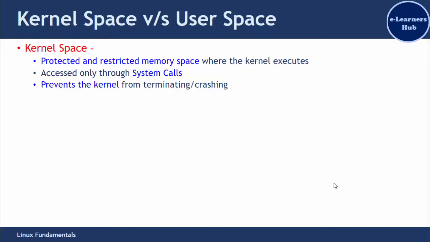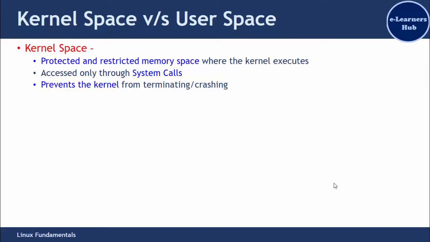So the applications make the system call, and the system calls trigger the operations that are done by the kernel. In the operating system there are many such system calls listed, and every system call has one responsibility to be handled in the system.